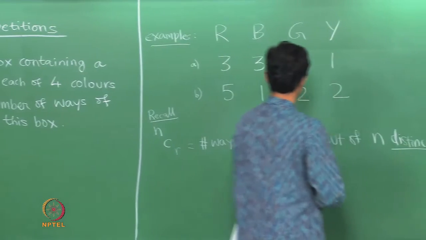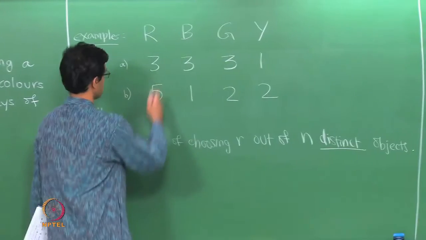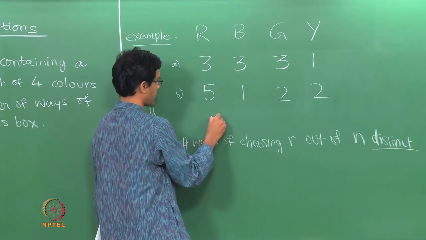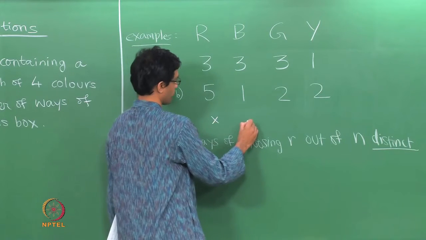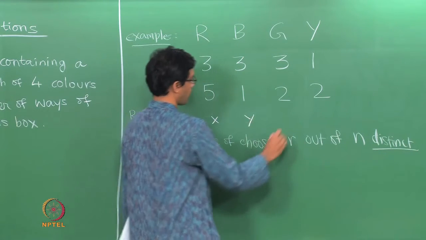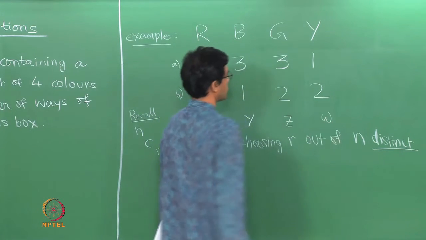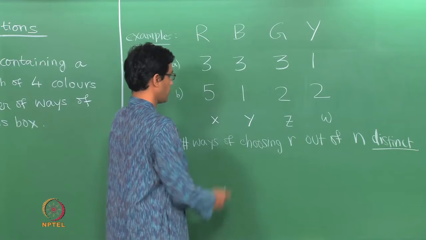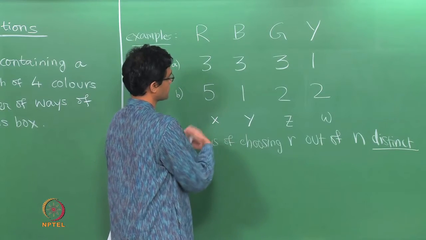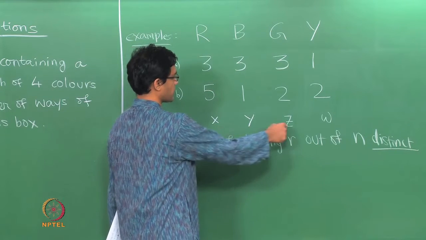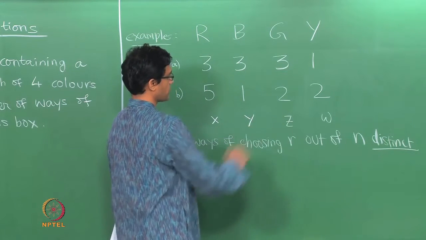So observe this sort of encoding, the number of red, blue, green and yellow balls. Let us say the most general encoding is, there are x red balls, y blue balls, z green balls and w yellow balls. Then what this is saying is, what are all the number of choices for non-negative integers x, y, z and w such that their sum is 10.